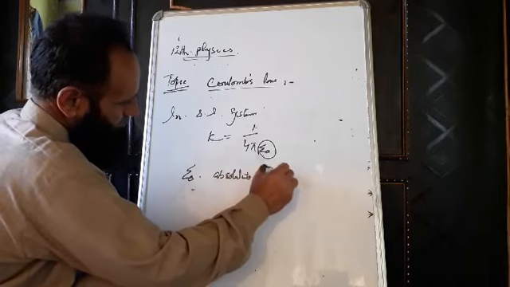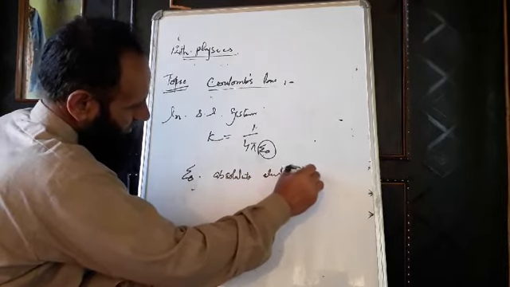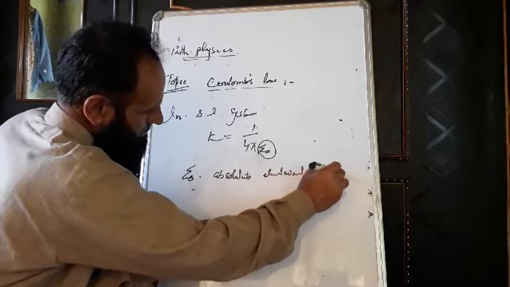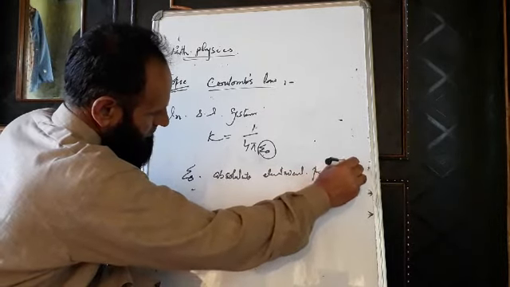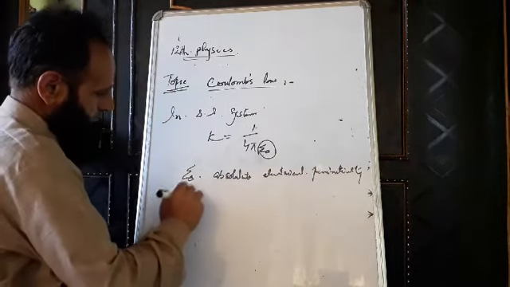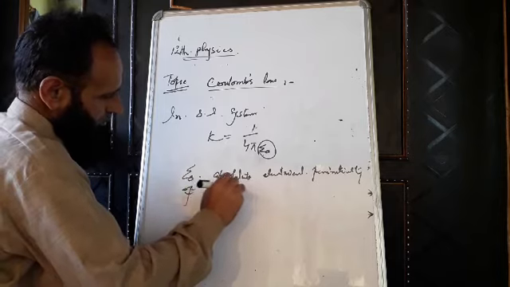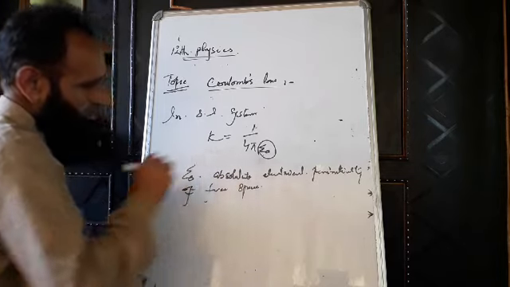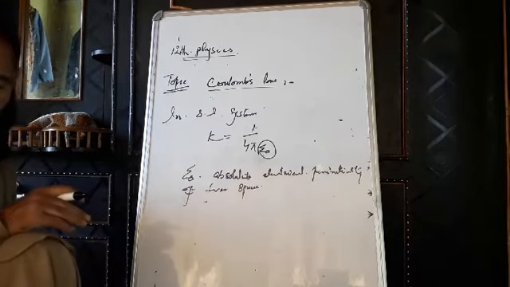Epsilon naught is called the absolute electrical permittivity of free space, when the charges are taken in vacuum.